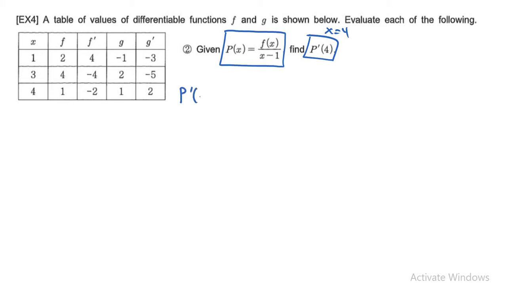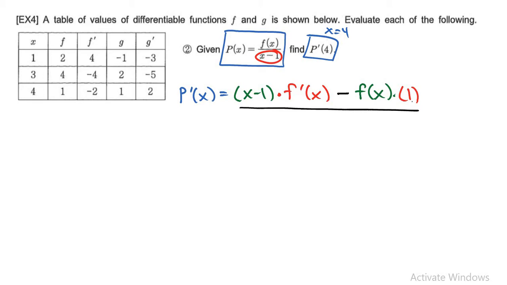So p prime of x equals, based on the quotient rule, I need to take the denominator and multiply it with the derivative of the numerator, which is f prime of x, and then the quotient rule states minus, and then I can write the numerator, which is f of x, times the derivative of the denominator, and the derivative of x minus 1 is just 1. And then we're going to divide the whole thing by the denominator squared, which will be x minus 1 all to the power of 2.